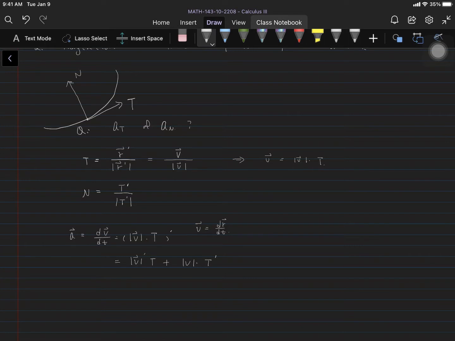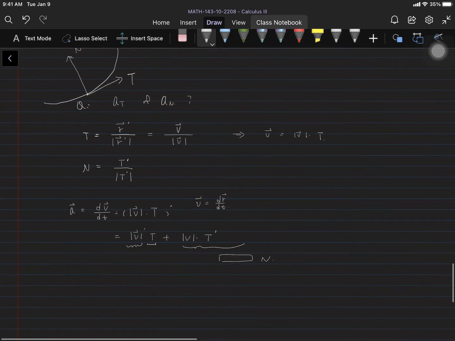So you can see now it's a combination of something times T, and we can say this is the component in the T direction. And then right now we want to change the other term into something times N, and that will be the normal direction component. That's what we want to do.